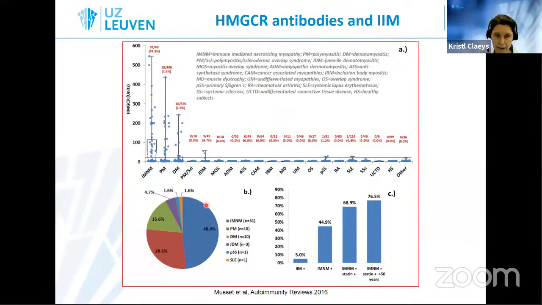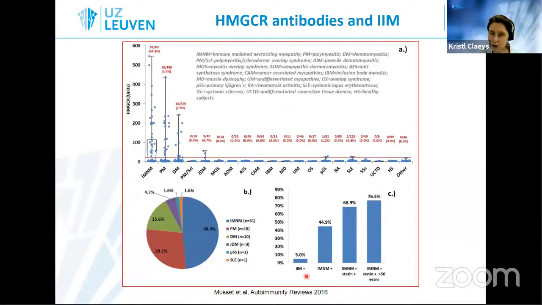Here you can see all patients with HMG-CR antibodies: 48.4% have the phenotype of IMNM, 28% polymyositis, 15.6% dermatomyositis. There is also a little bit of juvenile dermatomyositis, and there was one patient with primary Sjögren's syndrome and one patient with systemic lupus erythematosus. So it's not only in this subgroup that these antibodies are found, but it is the most frequent group.